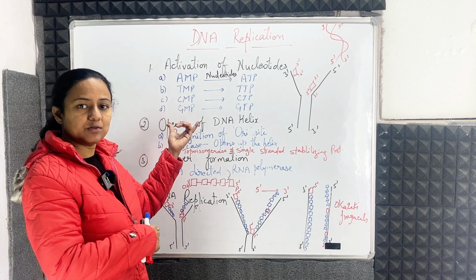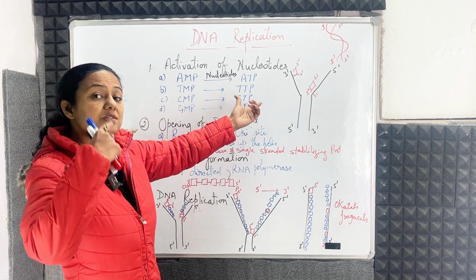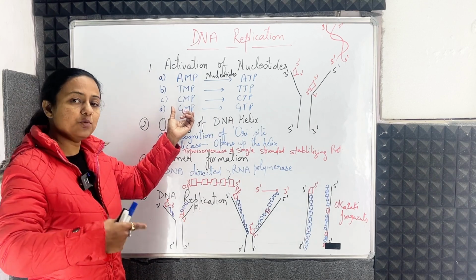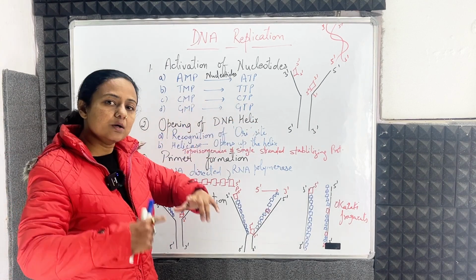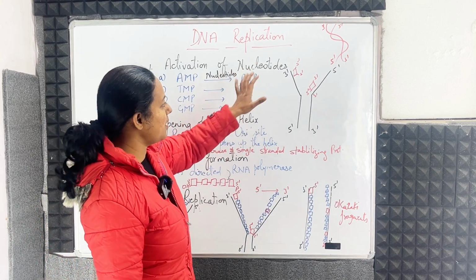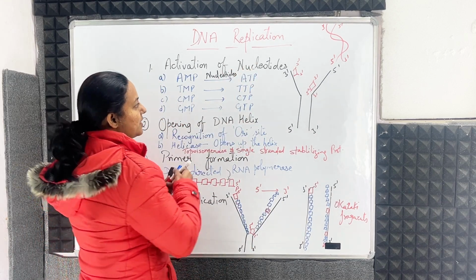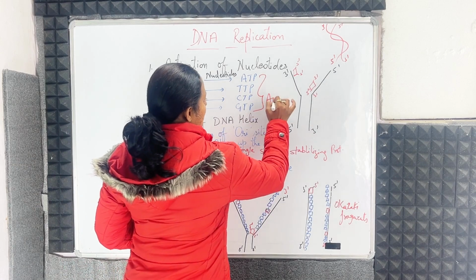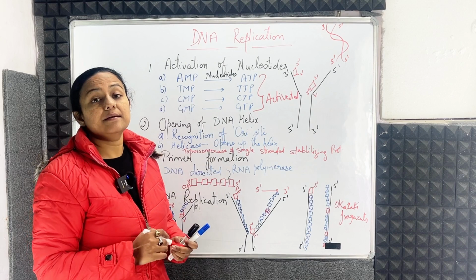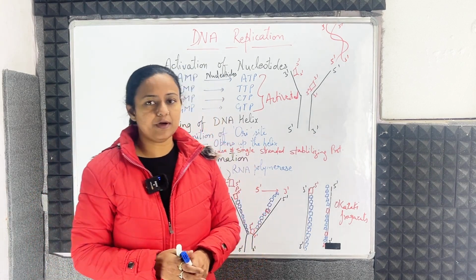CMP, that is cytosine monophosphate, will convert into cytosine triphosphate, and GMP, guanine monophosphate, will convert into guanine triphosphate. When they come in this form, this is the activated form. Your DNA is ready to replicate now, fine.